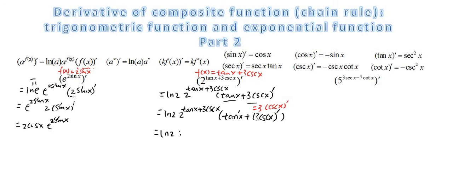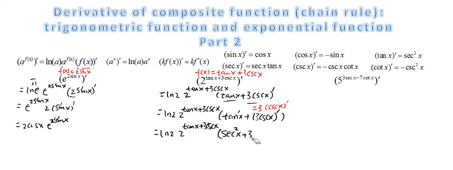Okay, so now we can simplify it. Then ln 2 times 2 to the power tangent x plus 3 cosecant x, and tangent x prime is going to be secant x squared, and for this term it will be 3, and the derivative of cosecant x is negative cosecant x times cotangent x.